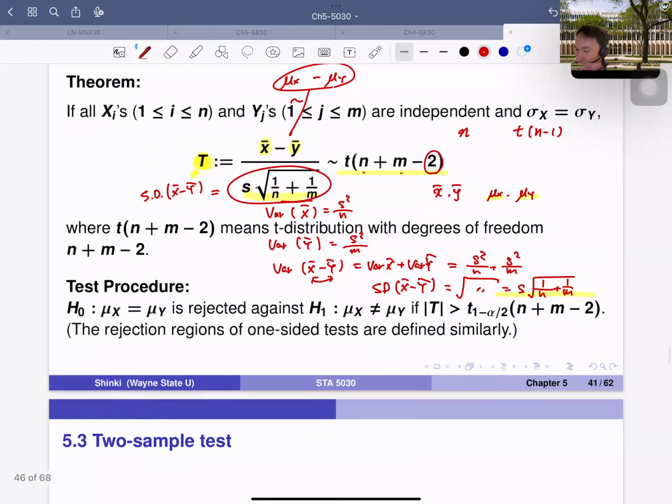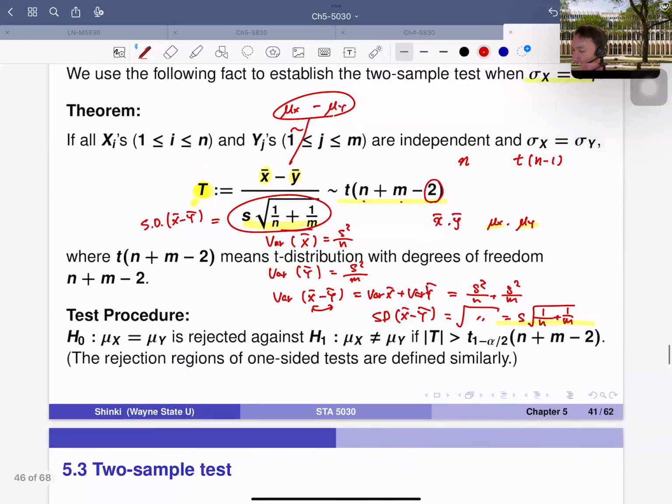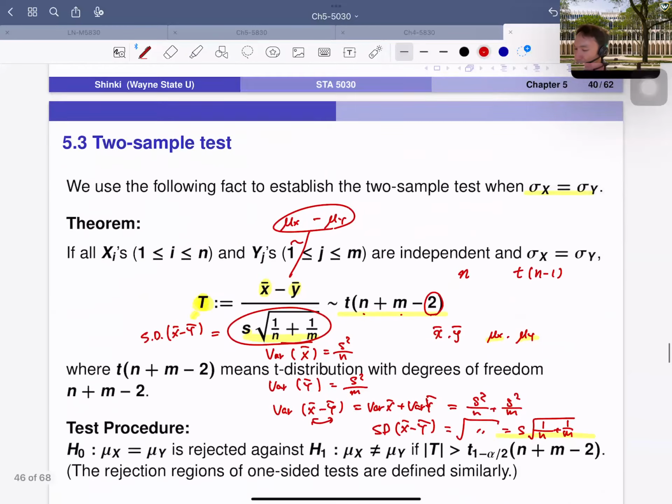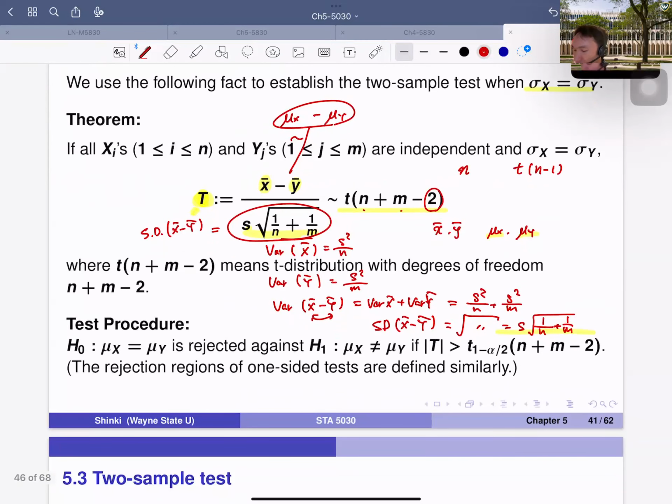So the test procedure uses this statistic as the test statistic. T represents the difference between mu x and mu y, adjusted by the size of variability. So this ratio, capital T, is a good indicator for the difference between mu x and mu y.